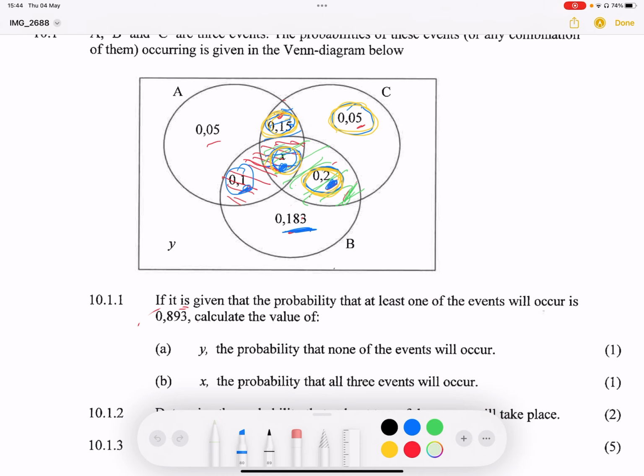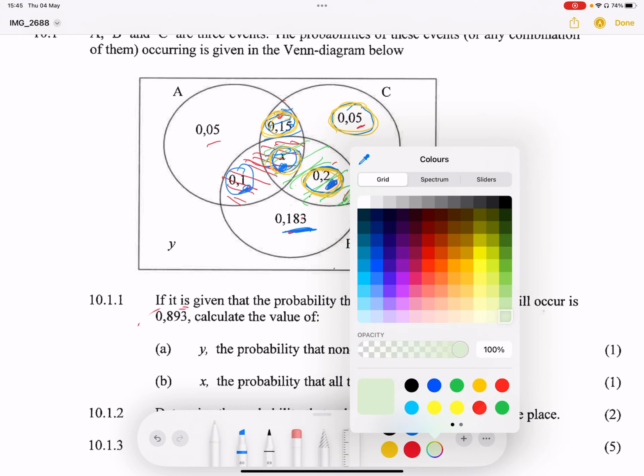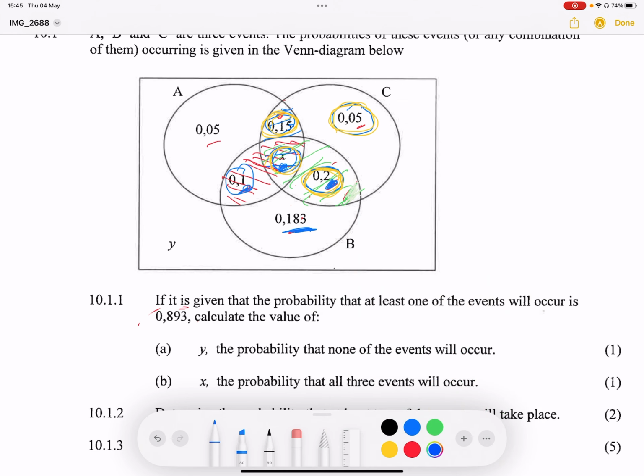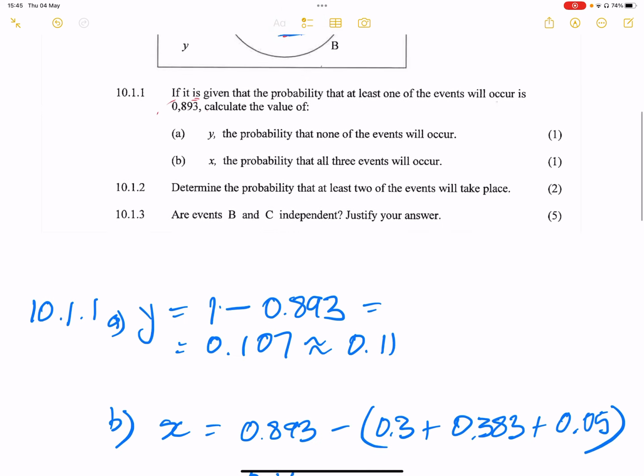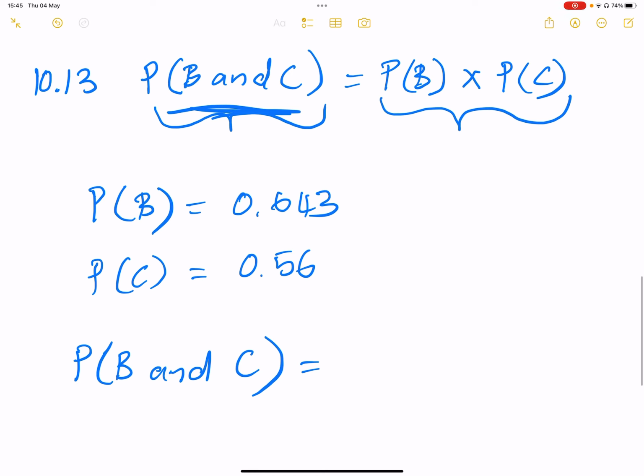Probability of B and C. Okay, now that color is not quite visible, I'm going to take this one. So it will be that X value plus the 0.2. So that would be the probability of B and C. So the probability of B and C will give me 0.16 plus 0.2, which gives me 0.36.